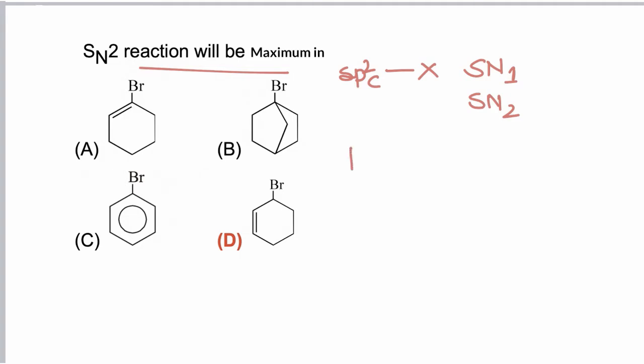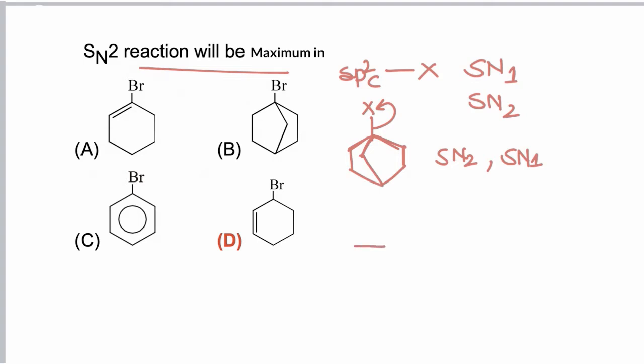When a halogen is attached to a bridgehead carbon, backside attack is not possible because 3 carbon atoms are present at the back side. In the second case, neither does the SN2 reaction take place, nor the SN1 reaction, because when the leaving group departs, a bridgehead carbocation is formed, which is highly unstable. So in A, B and C, neither SN1 nor SN2 reaction takes place.